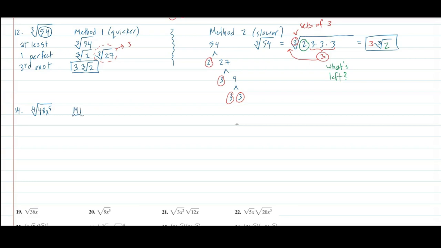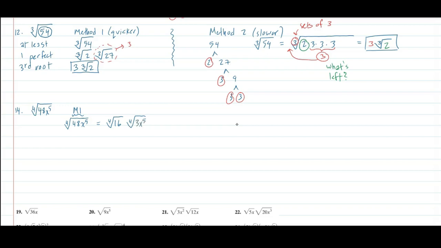The quicker way to do it is to say, well, the number 48 can be broken down into 3 and 16. And if I can break it down into 3 and 16, the fourth root of 48, x to the power of 5, can be rewritten as the fourth root of 16 multiplied by the fourth root of 3, x to the power of 5.